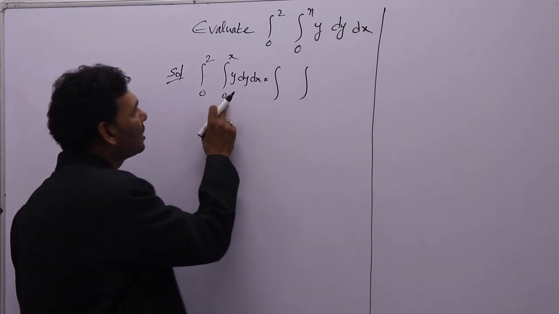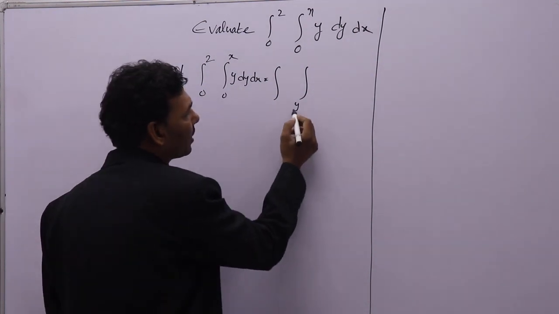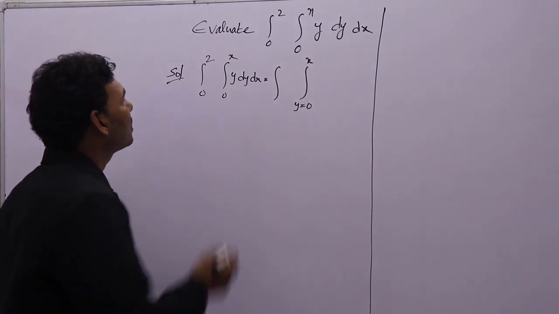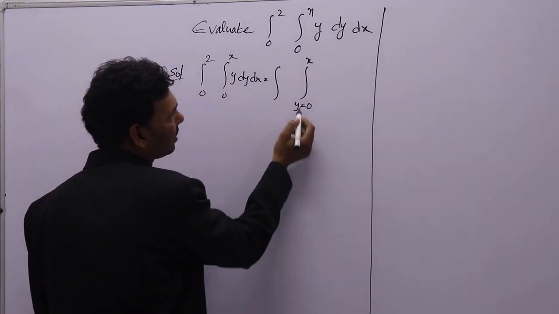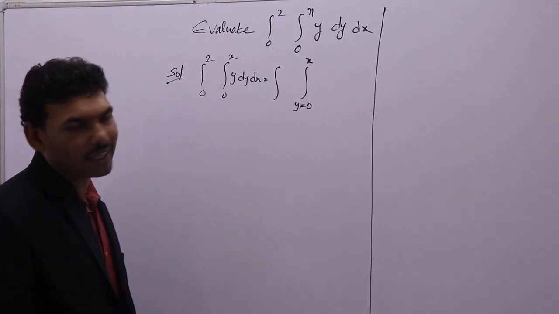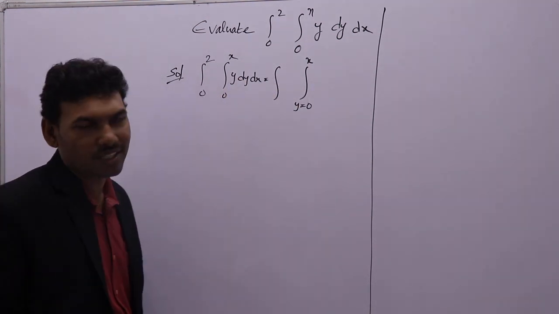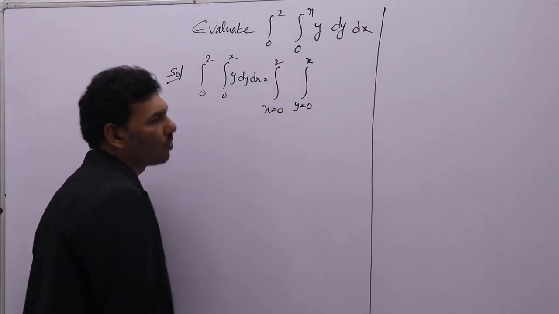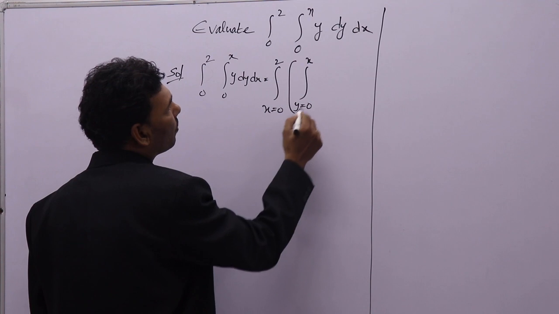That means these limits are in terms of x, that's why they are limits of y. These are constants, so these are limits of x. That means this is x equal to 0 to 2. Now we need to integrate.